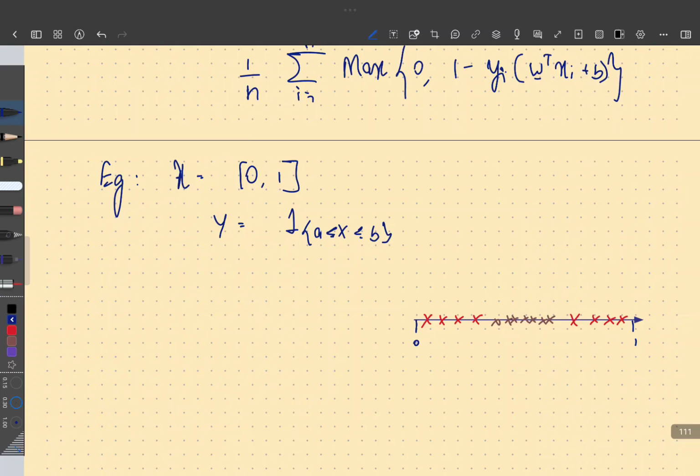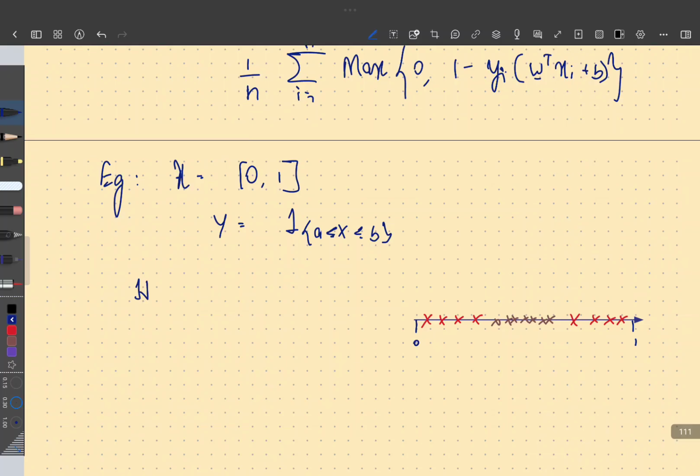What would a linear classifier do? What does a linear classifier in R look like? My question is, what is a linear classifier in one dimension?